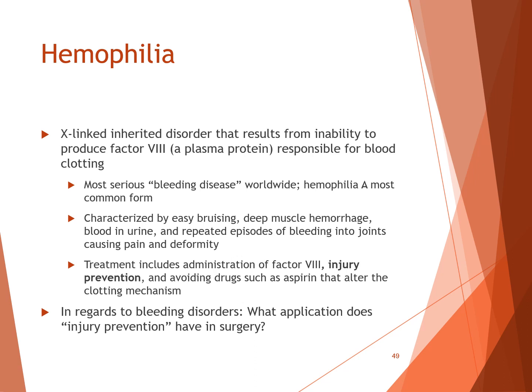Hemophilia A is the most common form, and it is characterized by the individual will bruise very easily, they'll have deep muscle hemorrhages, there could be blood in the urine, they could have repeated episodes of bleeding into their joints, which could cause pain and deformity.